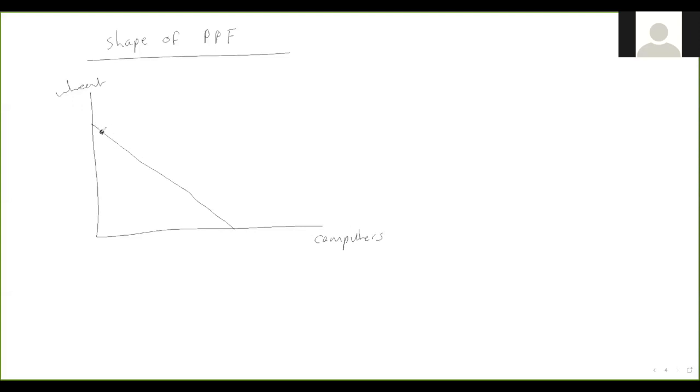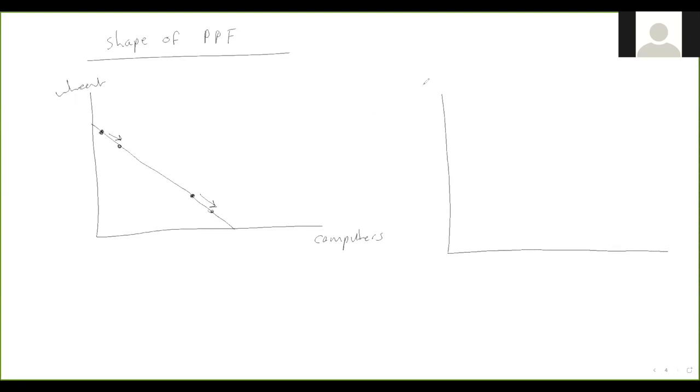If you calculate the slope between this point and this point, it's going to be the same as if you calculate the slope between this point and this point. But that might not always be the case. You can have a situation where the opportunity cost rises as the economy produces more of that good.